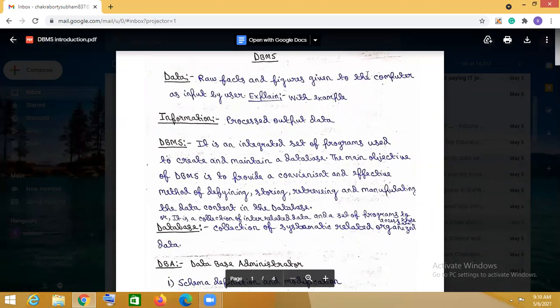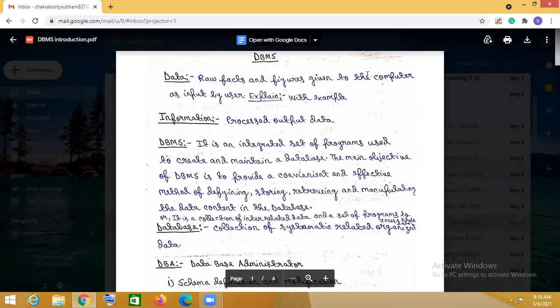Like you have written only 75. Now this 75 can be a student roll number. This 75 can be 75 rupees. This 75 can be the marks of a student in any subject.